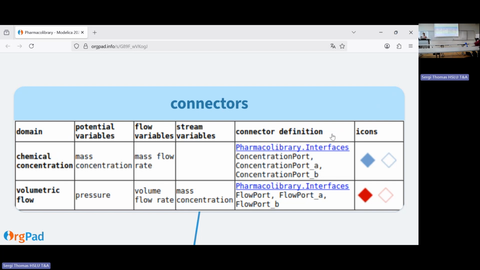These quantities are also chosen in different libraries. But if we take into account the volumetric flow, we chose to have the potential variable pressure, the flow variable volume flow rate, and the stream variable, the mass concentration. So the mass concentration is in both connectors, but it depends on what simplification of pharmacology we are modeling.